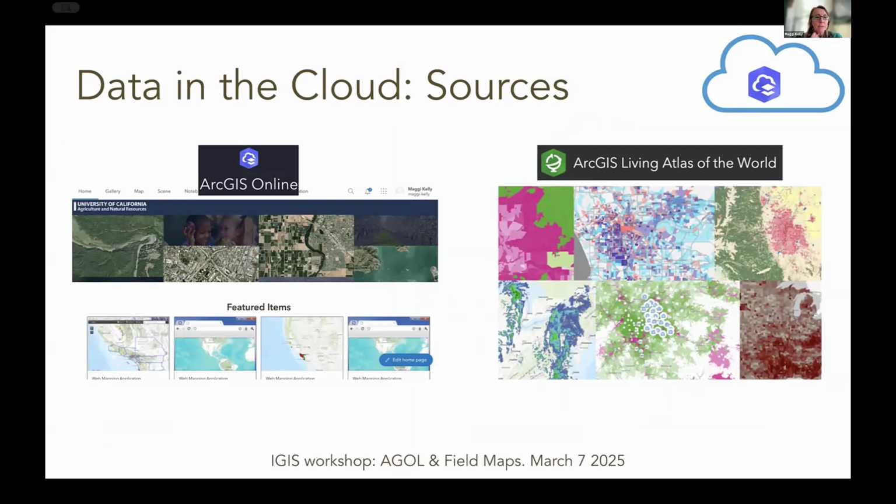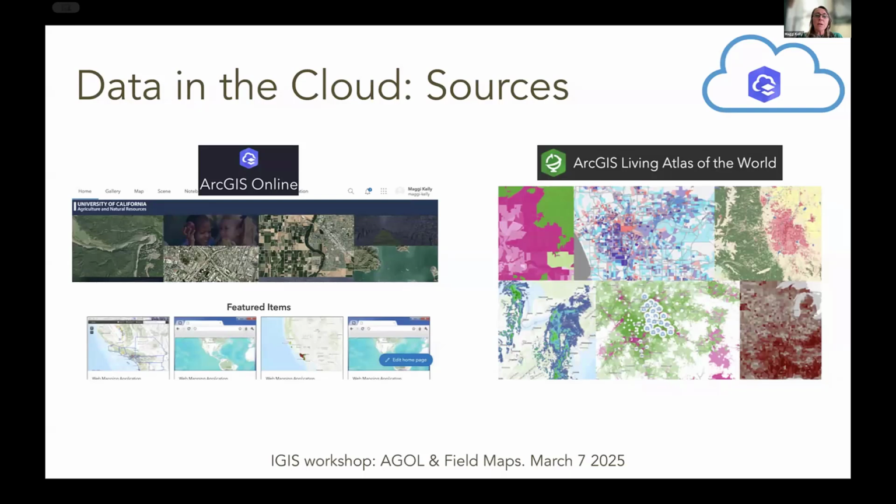You guys have probably interacted with some of these. ArcGIS Living Atlas of the World is the curated set of cleaned and authenticated data layers that Esri has for you to use. And the list of these data sets changes on the daily. There's a lot of data in Living Atlas of the World.